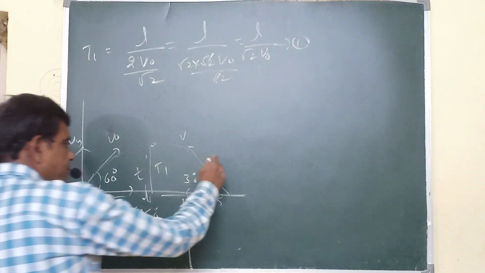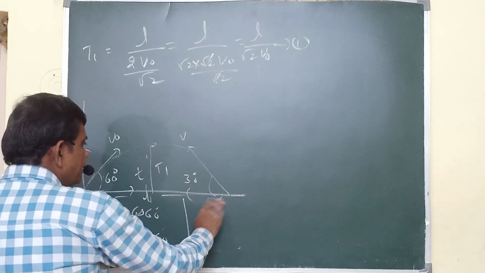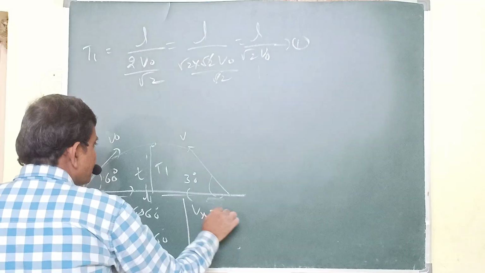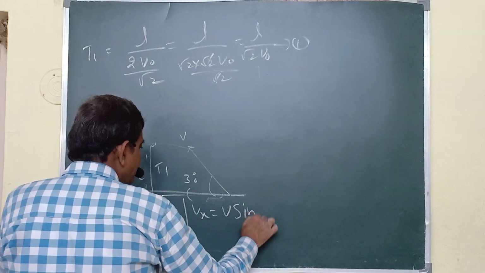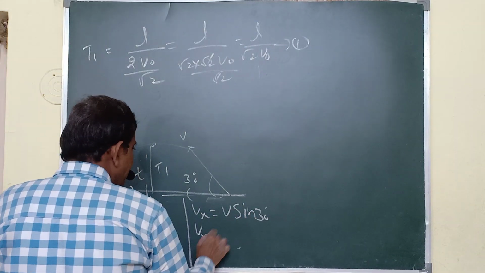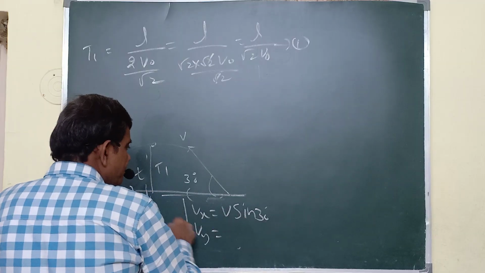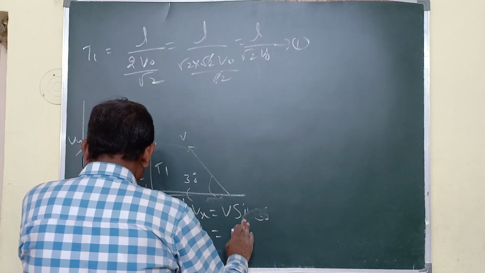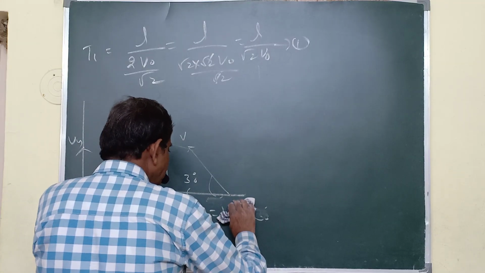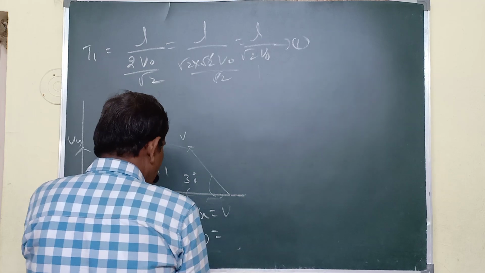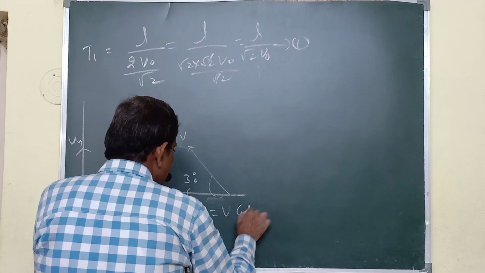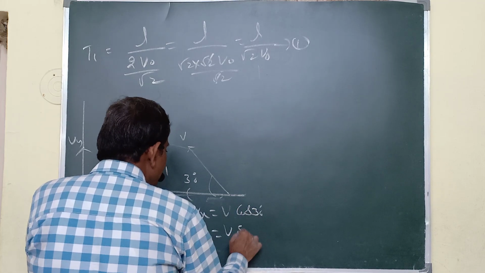Similarly here, V at 30 degrees: Vx is V cos 30, the horizontal component, and Vy is V sin 30, the vertical component.